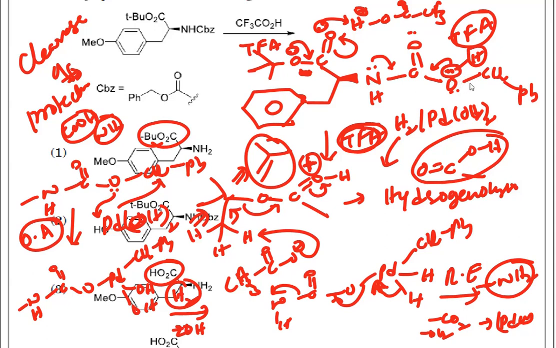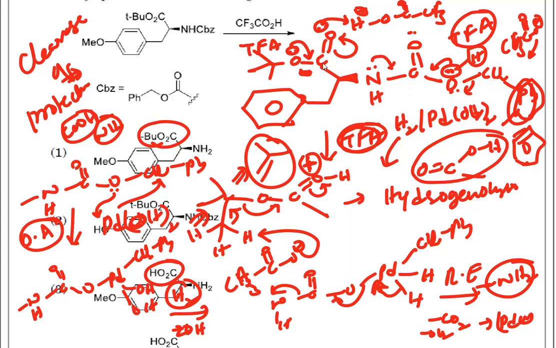In the next step, cleavage takes place here, and as we saw, the formation of the base CF3C double bond O minus, which is the strong conjugate base of trifluoroacetic acid. It is going to abstract a proton from that phenyl ring, but that is not possible because a double bond is already there. It is not going to produce a triple bond on that benzene ring. So TFA does not simply react with this NH-CBZ.